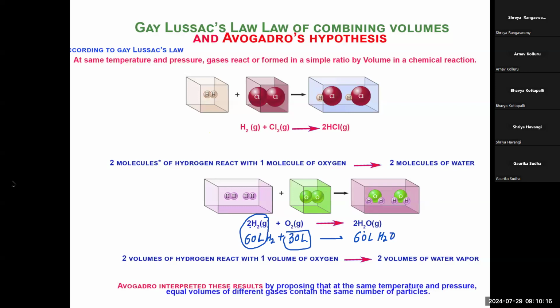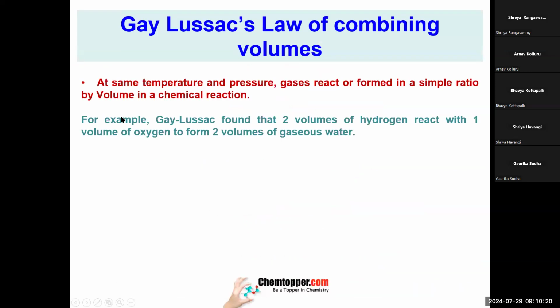Okay, now I'm going on to the next question. Read this question. This is the law which we have already done. Now, can you write down the balanced equation here, children, by looking at the volumes? 2 volumes of hydrogen means 2. What's the formula of hydrogen gas?